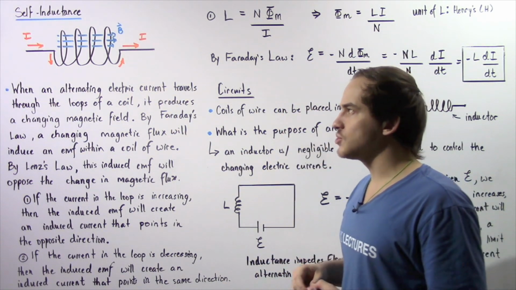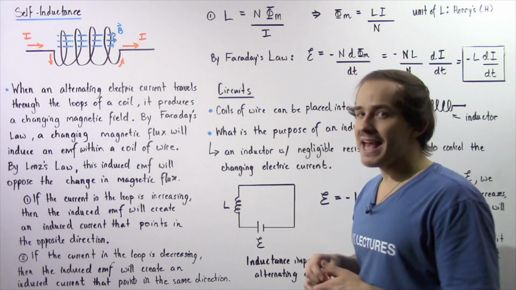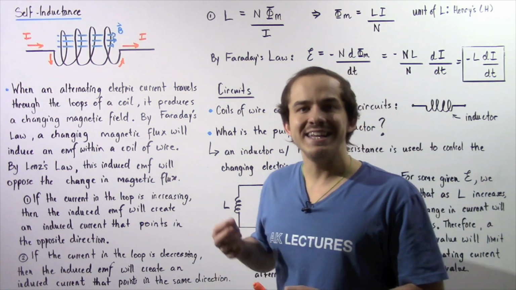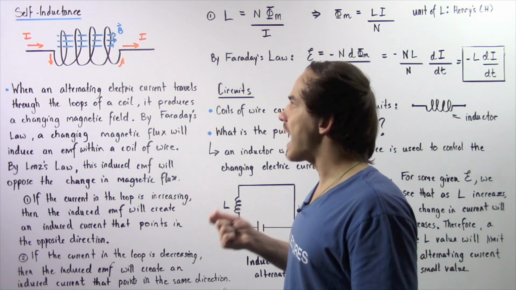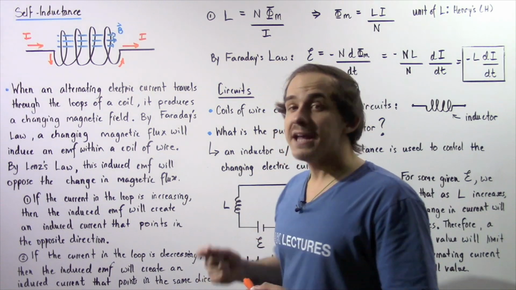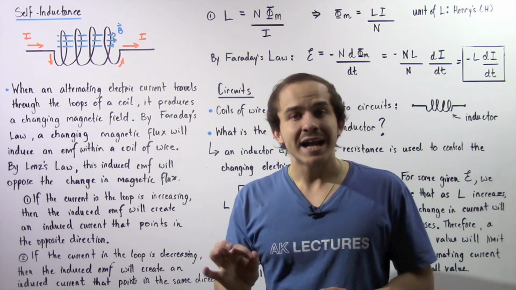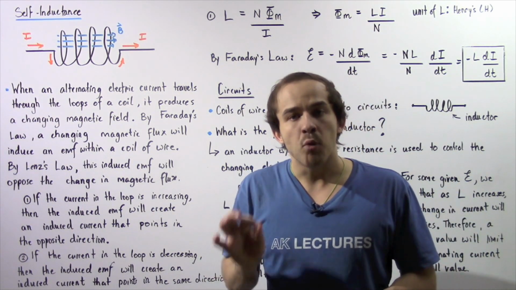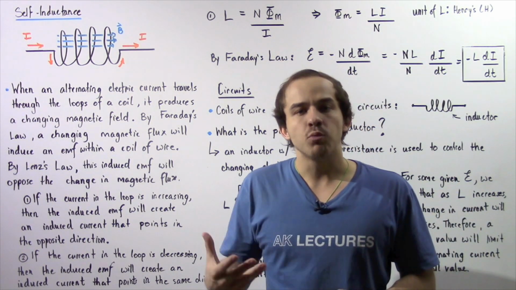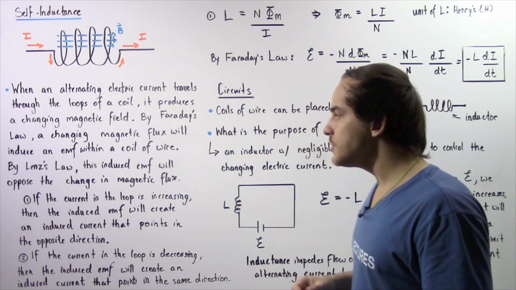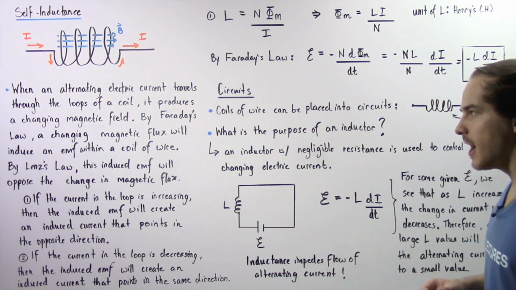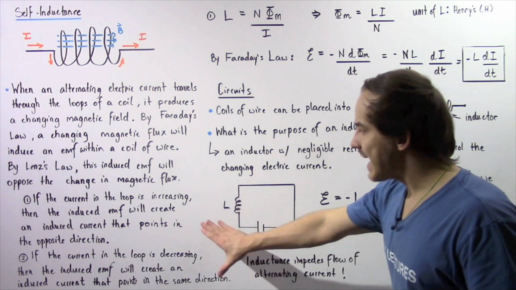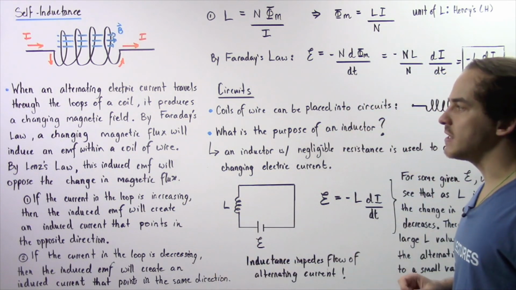Now, by Faraday's law, a changing magnetic flux will induce an EMF inside our coils of wire. And by Lenz's law, that induced EMF will tend to oppose, will point in a direction that will essentially oppose, the change in magnetic flux. So we'll see exactly what that means in just a moment.